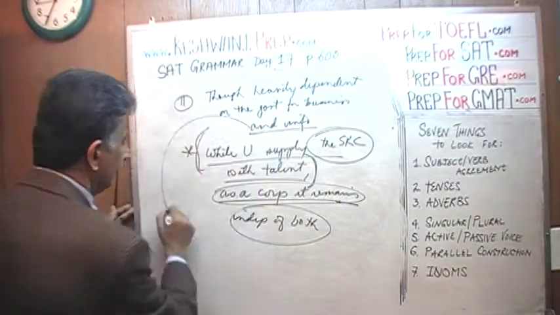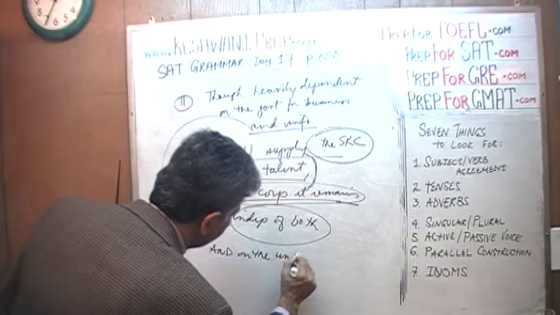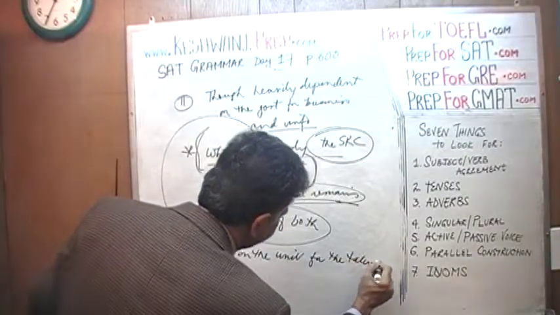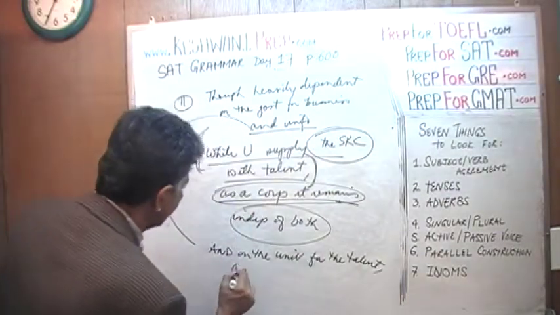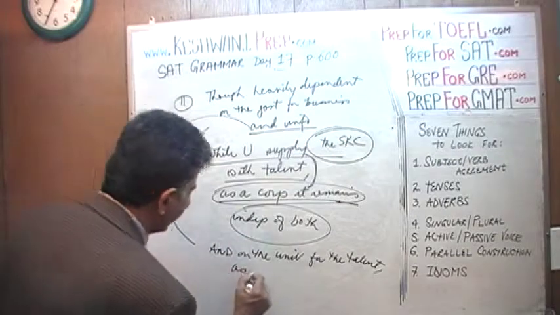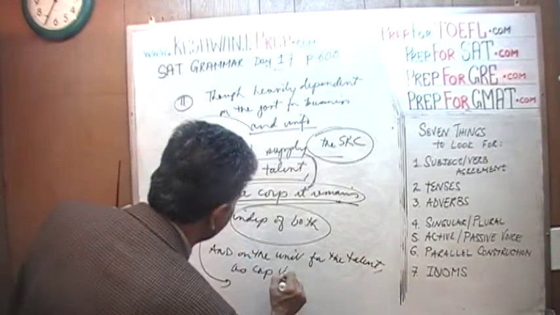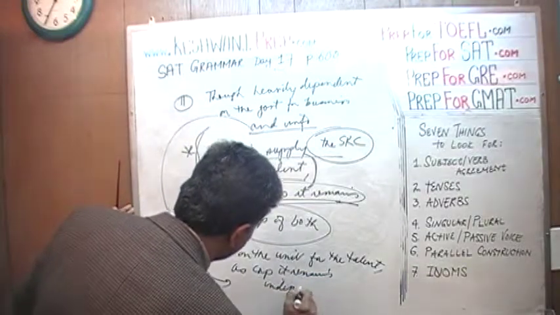And let's continue here. And on the universities for the talent. As a corporation, the rest will be fine. As a corporation, the rest of the sentence here. As a corporation, it remains independent of both.